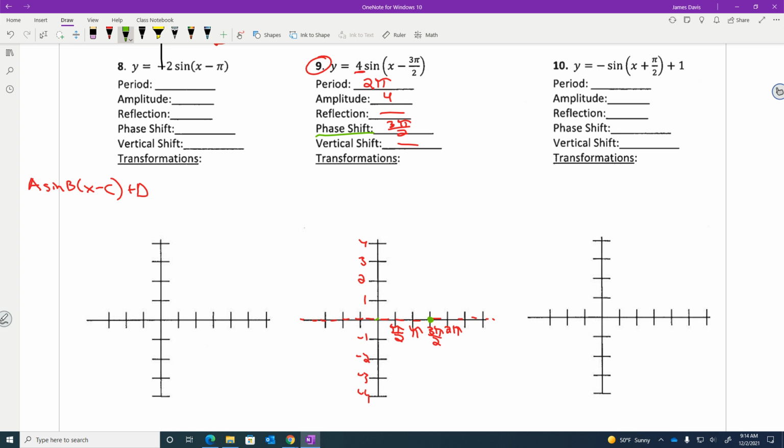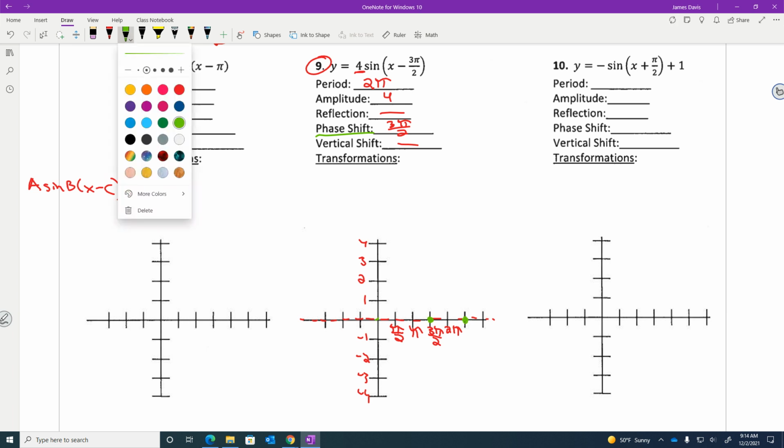Tracking that? So I'm moving my first dot from 0 over to 3 pi over 2 because I'm shifting it to the right 3 pi over 2. Which means I am going to need to actually extend this a little bit out here. We know my next one's going to go here because we skipped one, and then we end there as well.